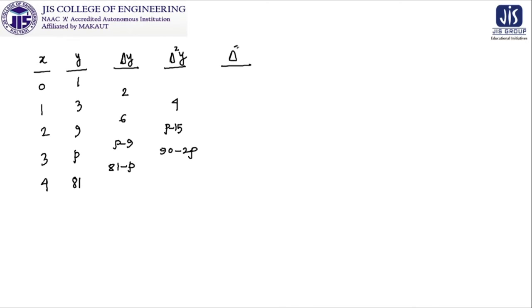After that, when I am going for del 3y, it will be p minus 15 minus 4, that is p minus 19, and this one will be 90 minus 2p minus (p minus 15), so it will be 105 minus 3p.